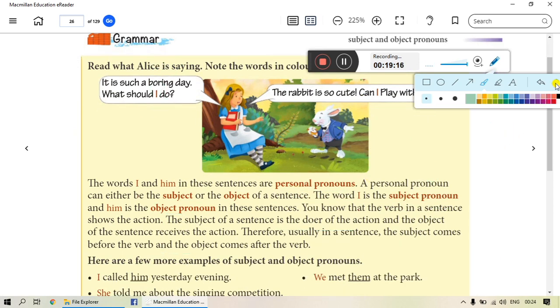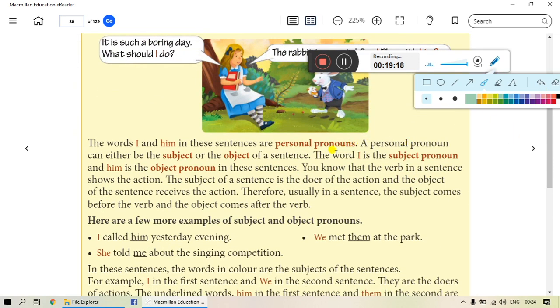So students, first you will check whether or not it's a pronoun, then you will see if it's a personal pronoun, and then you will see whether it's subject or it's object. And that can be checked by checking the verb. What is the action and who is doing that action and who is receiving that action.